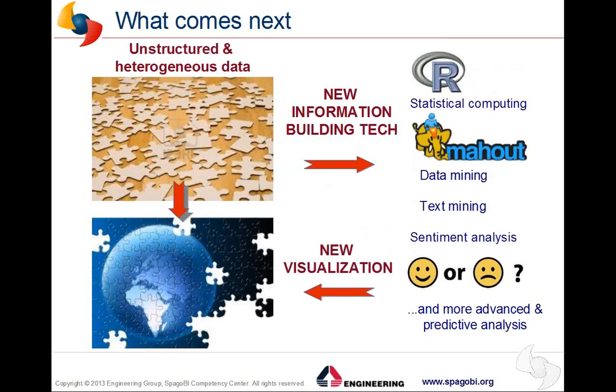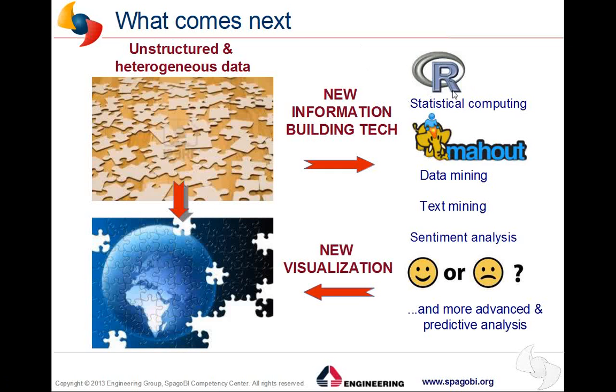So now, what comes next? As you see here, we are facing big data as unstructured and heterogeneous data, and with these new information building technologies, we want to give a dictionary analysis.